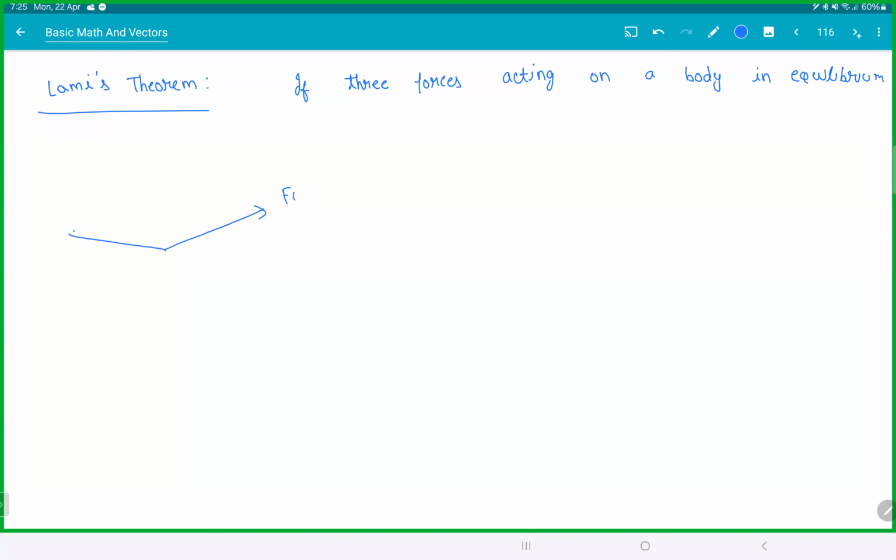So F1, F2, F3. If alpha is the angle for F1, beta is the angle for F2, gamma is the angle for F3, this theorem says F1 by the sine of the opposite angle, sine alpha, is equal to F2 by sine beta, is equal to F3 by sine gamma.